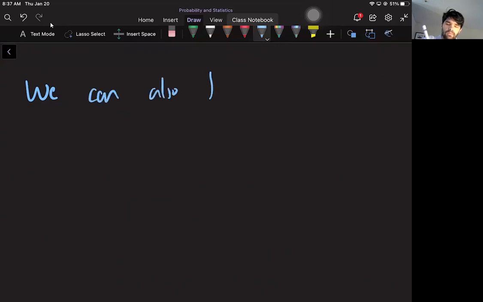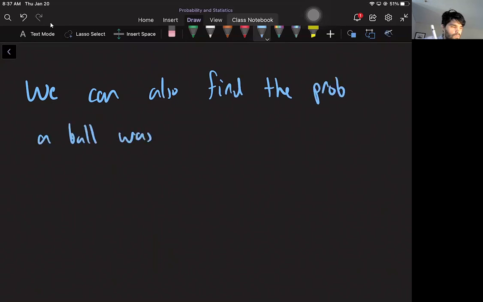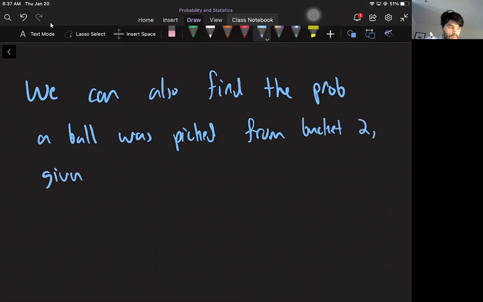Okay, so then the last type of example, which is the weirdest type, is when you reverse the conditional probability. We can also find the probability that a ball was picked from bucket 2 given that a green ball was selected.